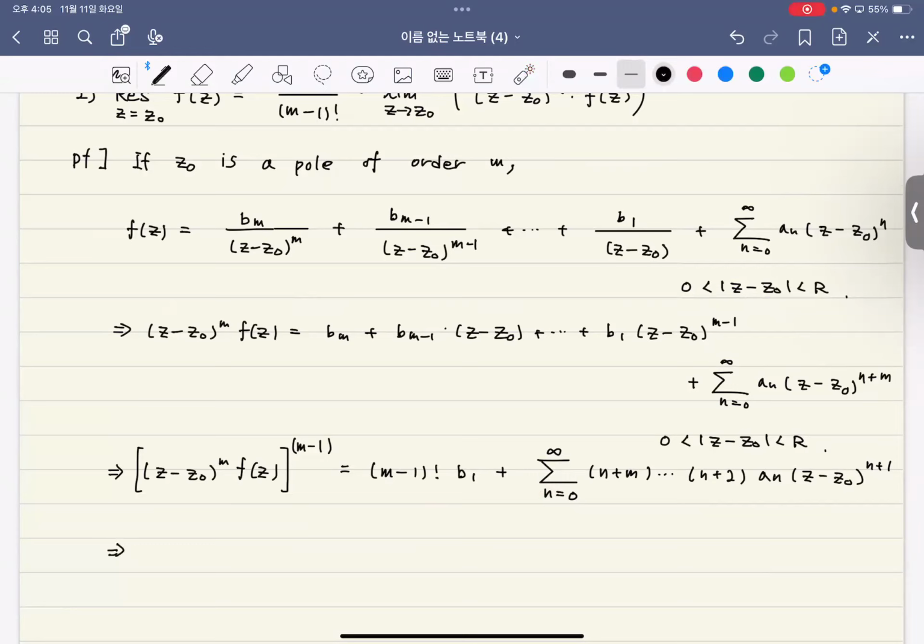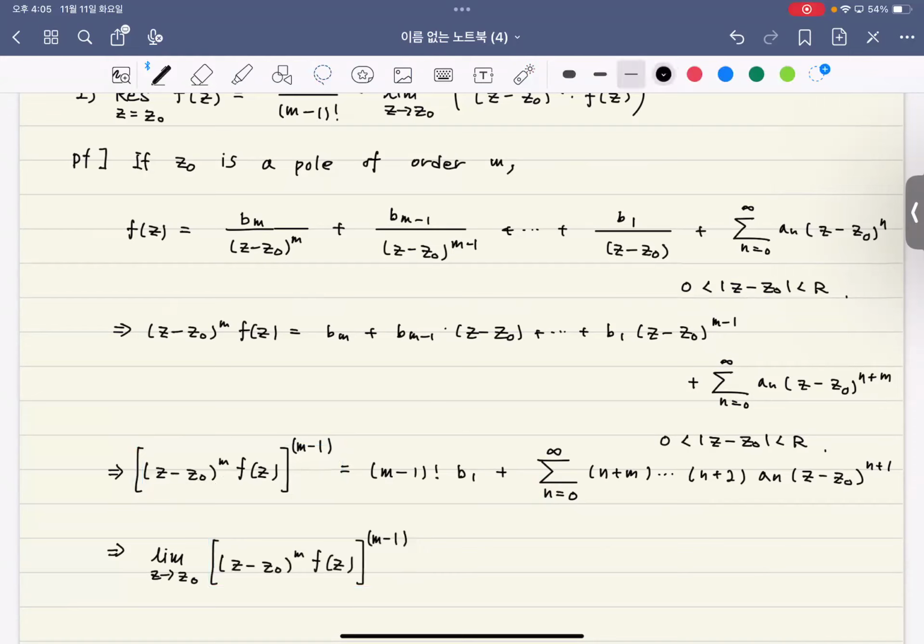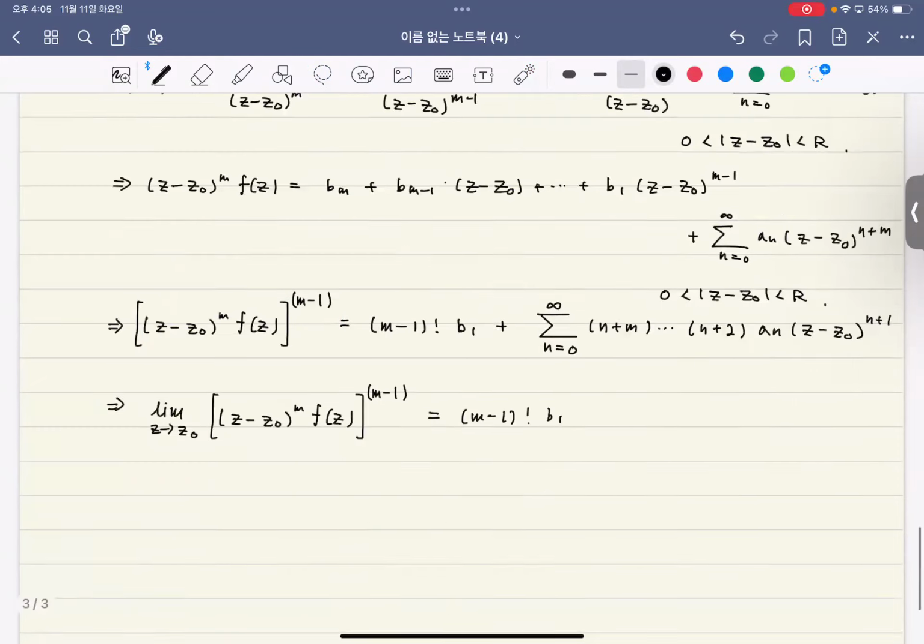So taking the limit, it should be (m minus 1) factorial times the residue. Okay, good.